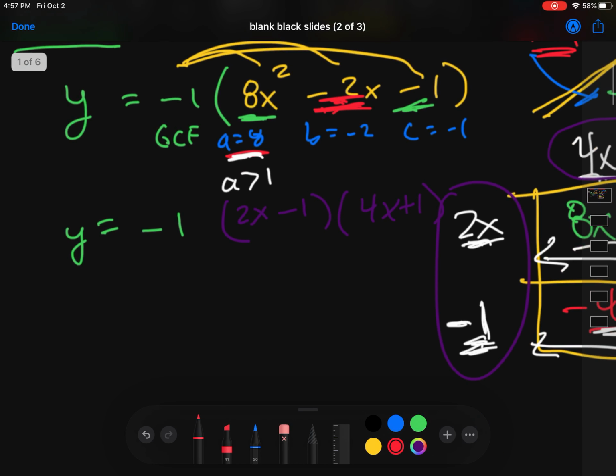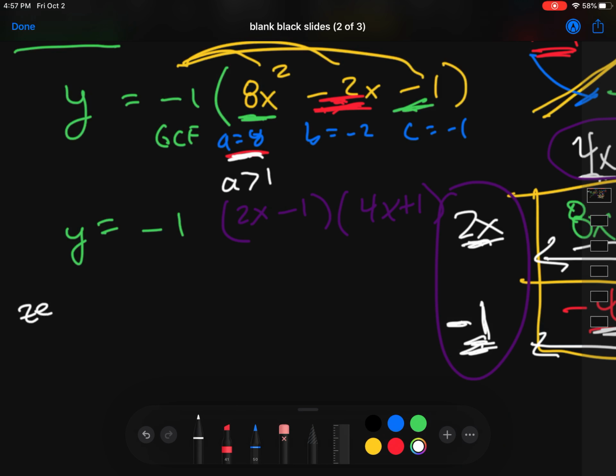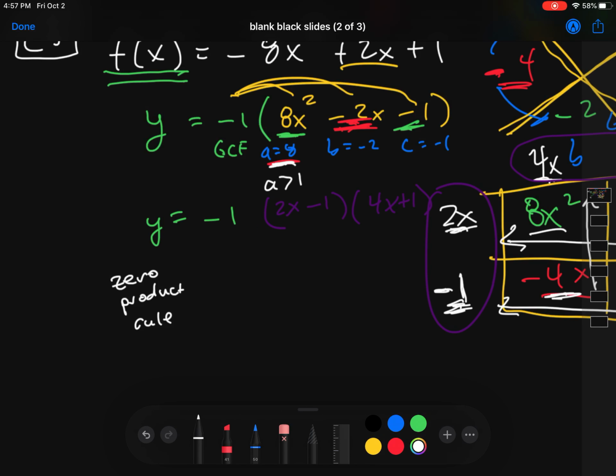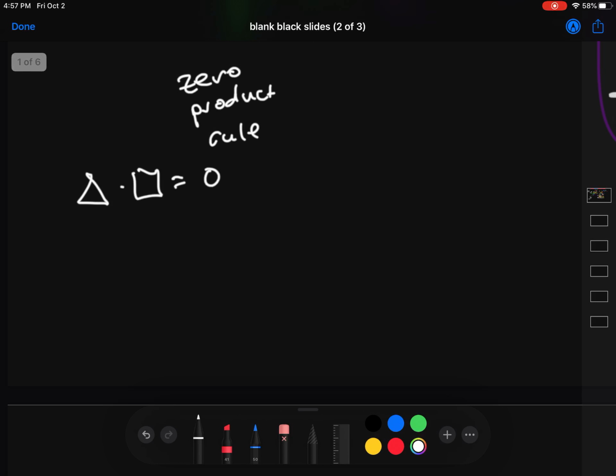Now, I'm going to apply the zero product rule. What is the zero product rule in 20 seconds? Triangle times the square equals 0. And it's a game, right? So either the triangle has to be 0 or the square has to be 0.